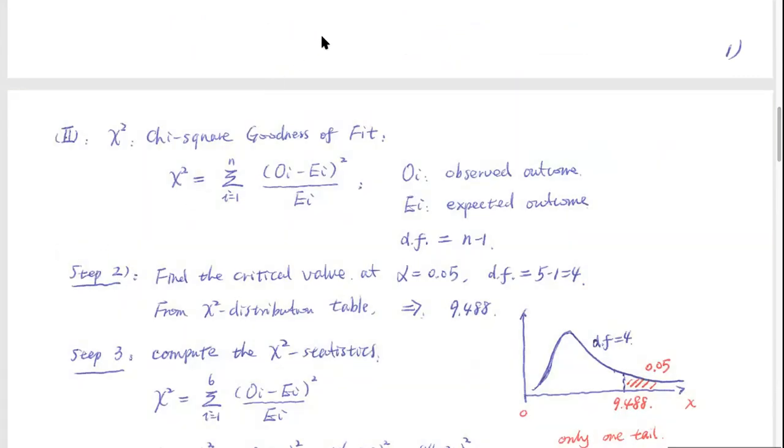Previously, after using the formula, we decide whether to use the p-value method or critical value method. Previously, we mentioned that whenever we see the T formula, we have to use the critical value method. No other ways. But if you are using the Z formula, you have 2 choices, either the critical value method or the p-value method.